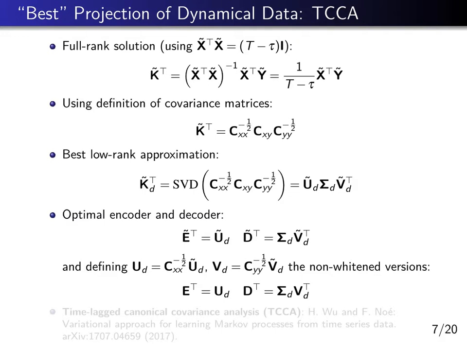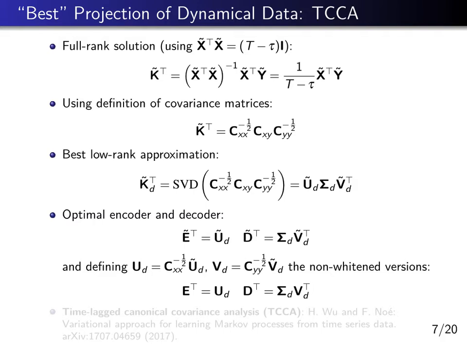Okay, everything here has been done using tildes, so using the whitened time series data. But we can simply insert the definition of whitening and rewrite the optimal encoder and decoder for the non-whitened data. If we do this, we get the following result.